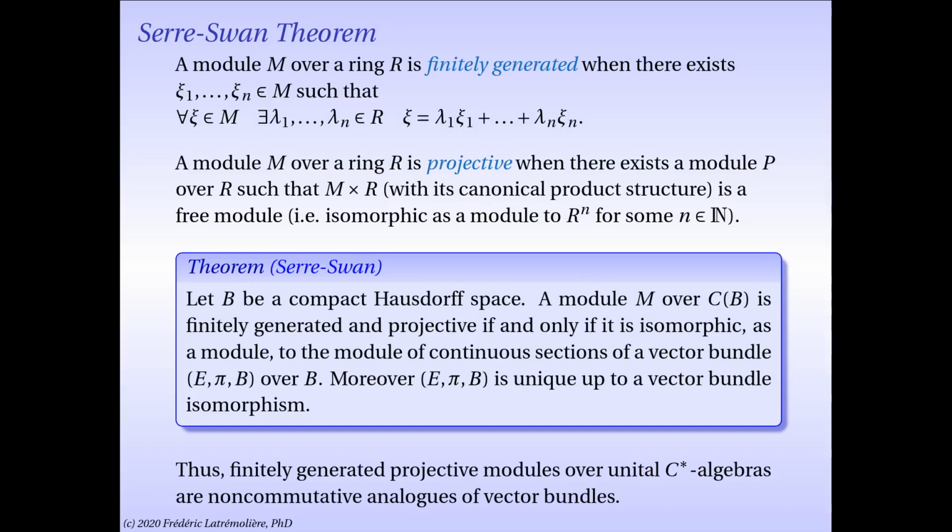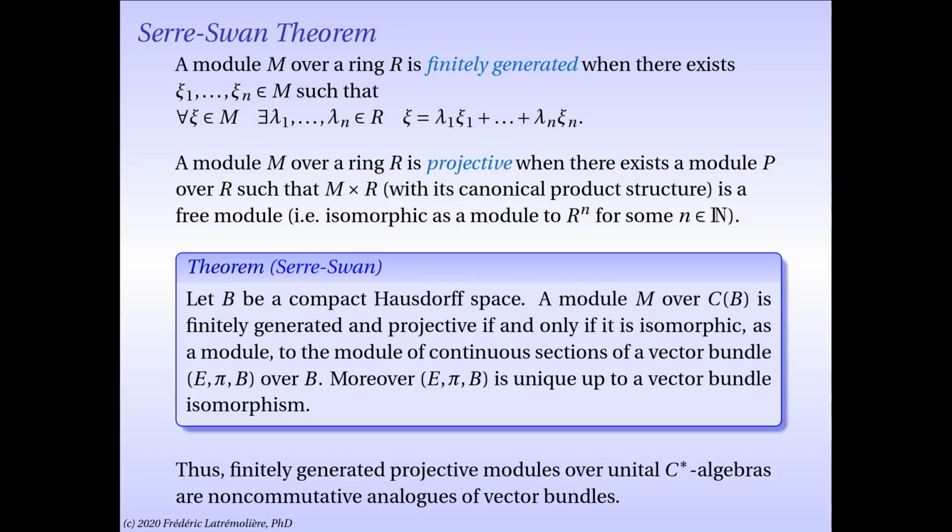Moreover, the Serre-Swan theorem states that classifying vector bundles is equivalent to classifying finitely generated projective modules, and this is, of course, the root of the idea behind K-theory and its extension to C-star algebras.